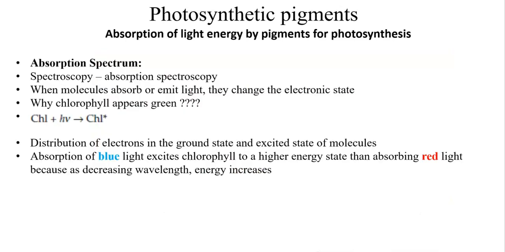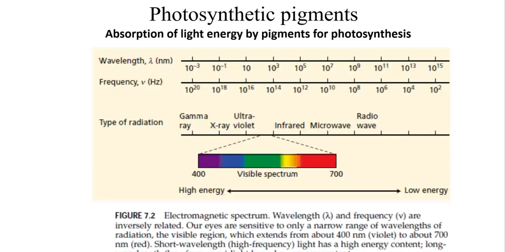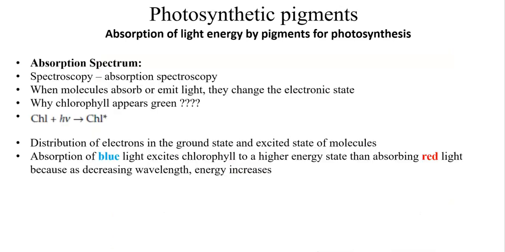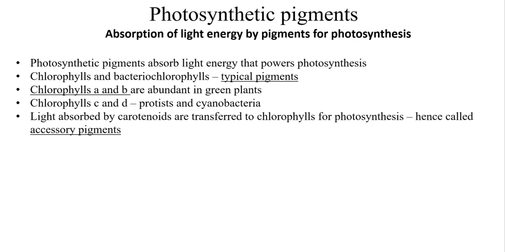So this shows the absorption spectrum of light, where you can see it is arranged, as we all know, in the increasing order of wavelength or decreasing order of frequency. So according to this spectrum, the photosynthetic pigments absorb different forms of light or different wavelengths.